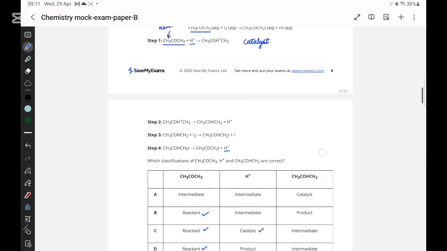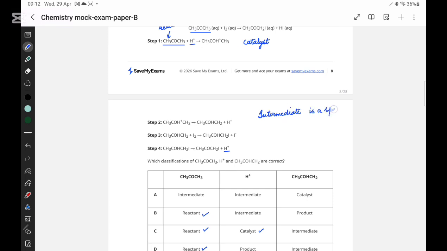And intermediate, what is intermediate? Intermediate is going to be the thing that is formed in the reaction and is also consumed in the reaction. So intermediate is a species that is formed during the reaction and is also consumed during the reaction.